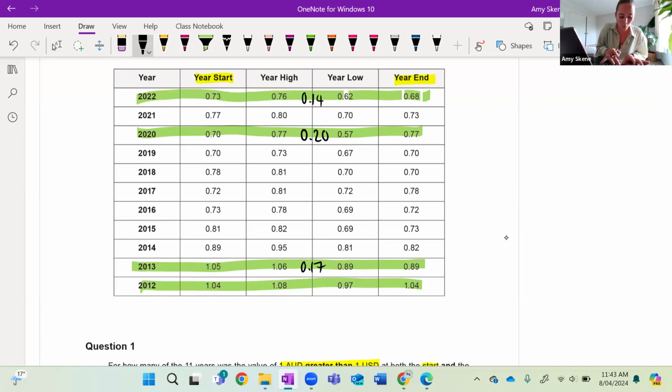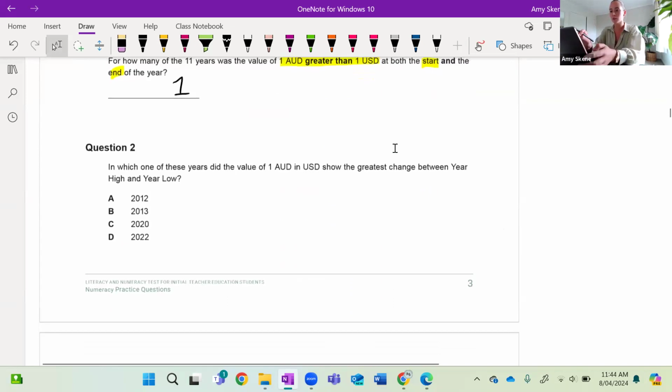And 1.08 take 0.97, which gives you 0.11. Now the highest of those is going to be 2020 with a 0.2. So our answer, 2020.